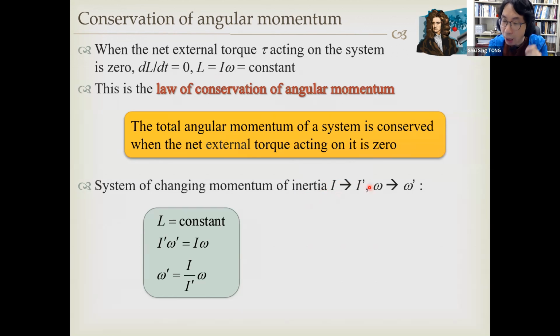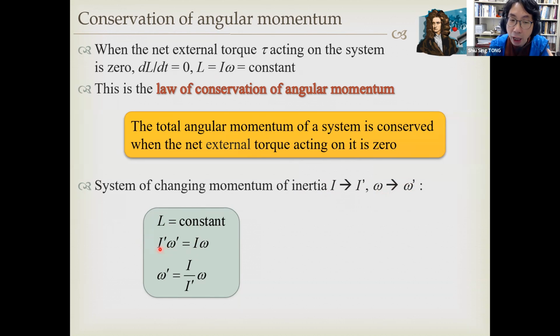The shape of the body can change, and so I is changing. If I changes to I prime without external torque, then omega will also change accordingly, because L is a constant. So if the old moment of inertia and the old angular velocity are I and omega, the new moment of inertia and the new angular speed are I prime and omega prime.